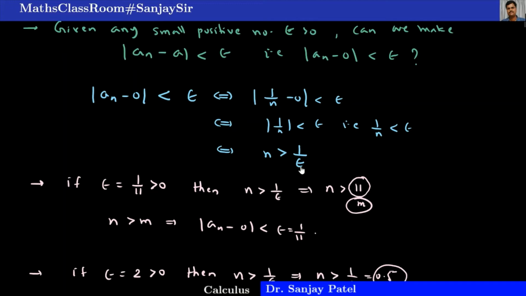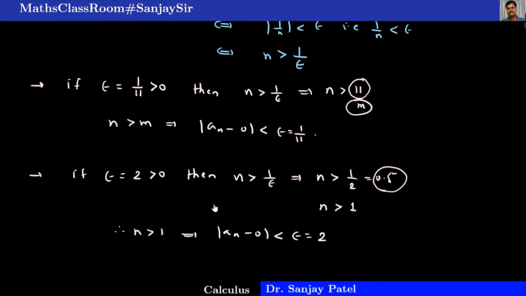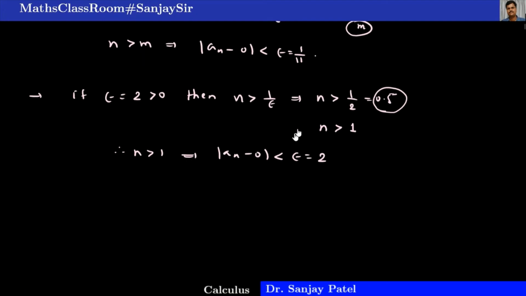How can that be done? See, if you add 1 to this, because 1 upon epsilon can be 0 point something, or it can be some integer, as you have seen in these particular cases. So I must choose the number which is required here. In this case, it is m equal to 1.